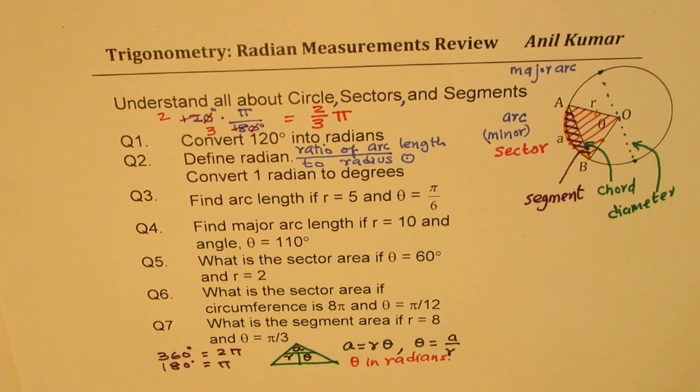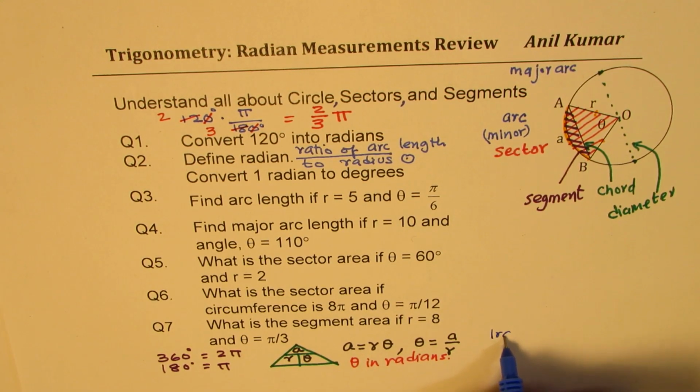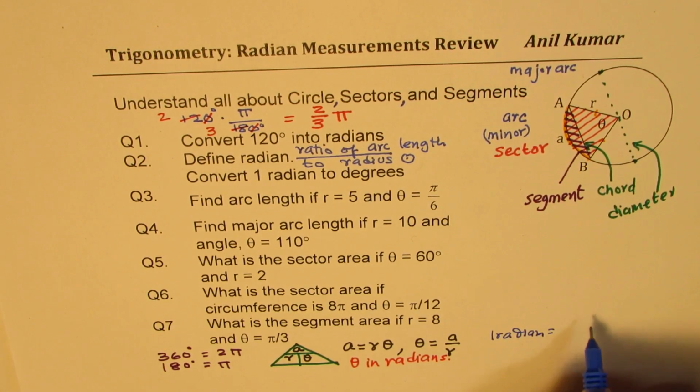Now let me write here and show you what 1 radian is equal to. What we can define here is that 2 pi radians is basically equal to 360 degrees.